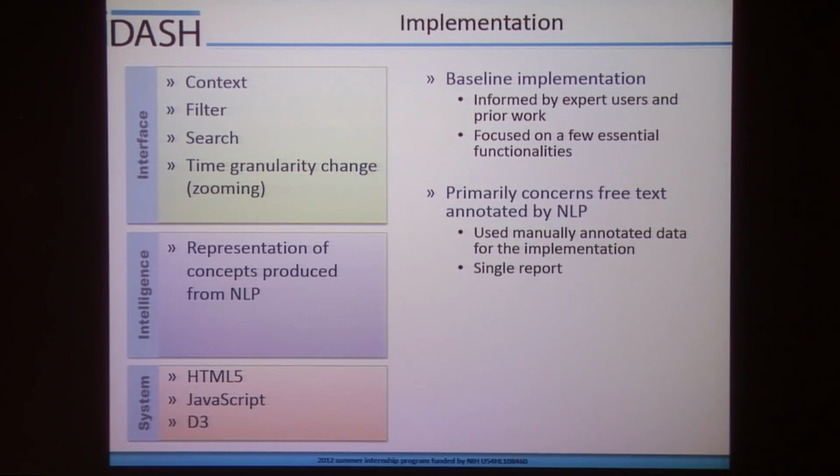On the left-hand side, you can see a breakdown of how some features match with our goals. The features and design currently are based on our expert users' prior work and the project group discussion. At this stage, we deal with a single report, free text, and the annotation is done manually by a human annotator.